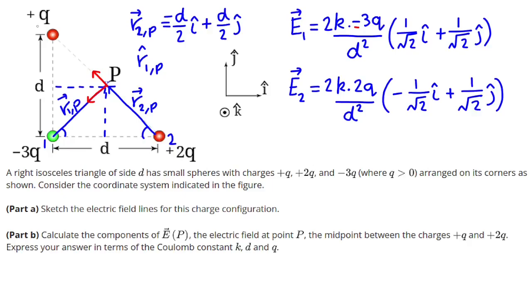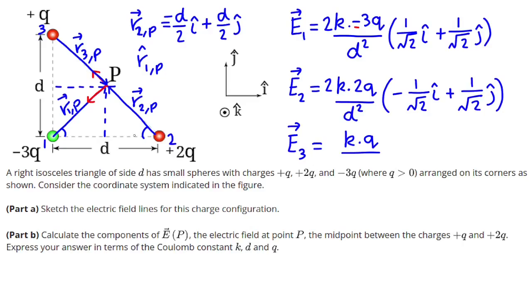And then we have another radial vector from our third charge to point P. So the electric field is Coulomb's constant by the charge, and this radial vector has the same magnitude as the other two.